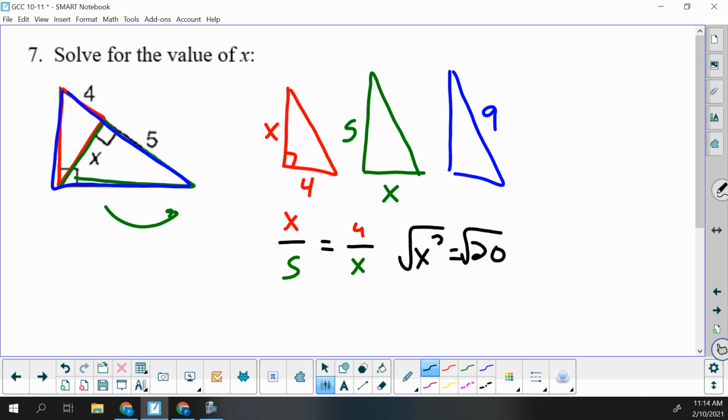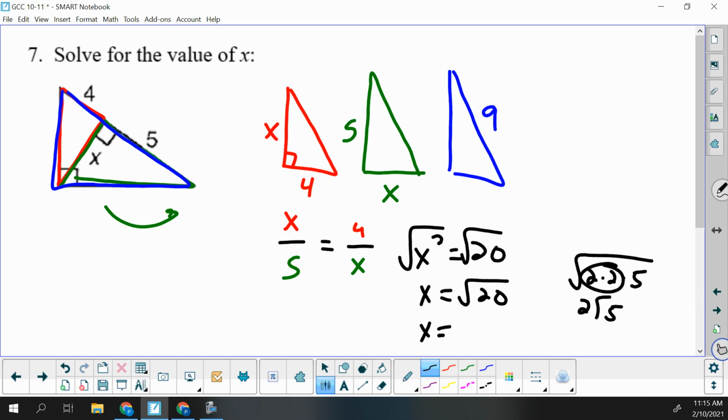We'll take the square root of both sides, and we'll have x equals square root of 20. If we type in square root of 20, that doesn't give us anything nice. So we would want to think of our factor tree. When we do the factor tree, we would get 2, 2, and 5. There's a set of 2's, one goes out front. So x would just be 2 square root of 5.